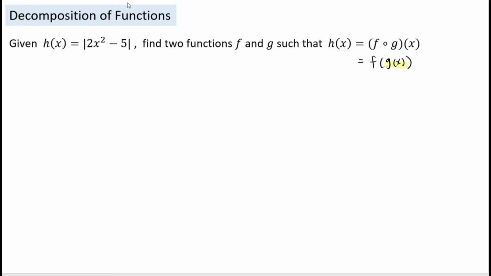Because the function g of x is an input of the function f of x, we can pick g of x is equal to 2x squared minus 5. And the function f is going to be the absolute value of x.